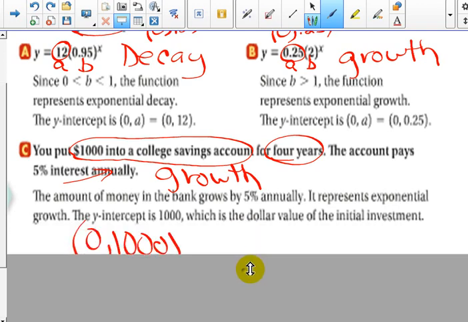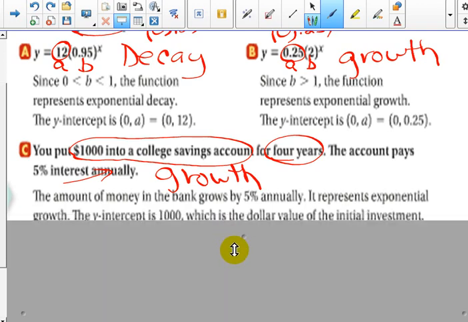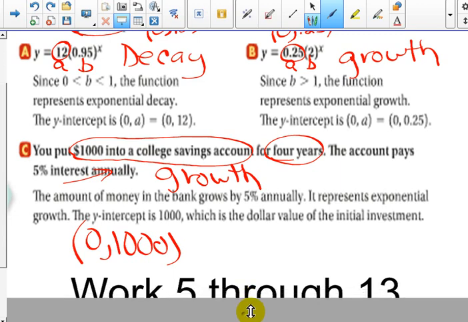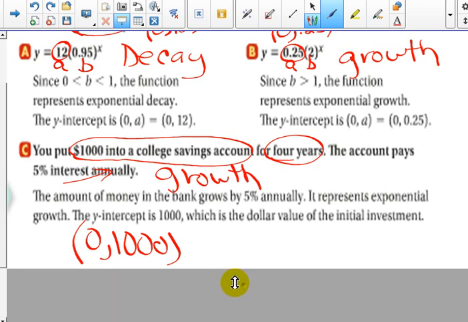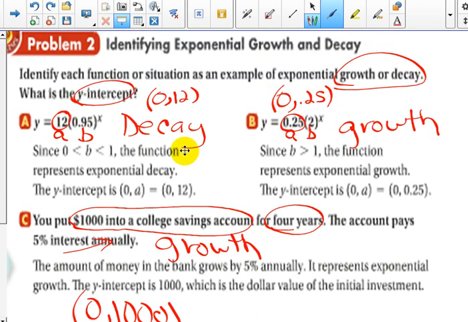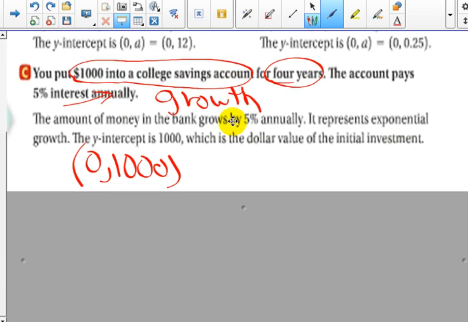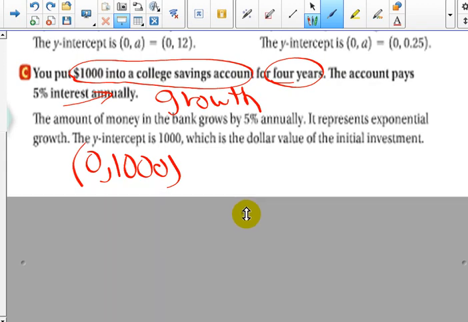So let's look. What were they asking us? They want to know what's the y-intercept. Is it growth or decay? We've already covered that. It's growth. And that 1,000, by the way, is preparing us for our next set of problems. That 1,000 is our y-intercept.